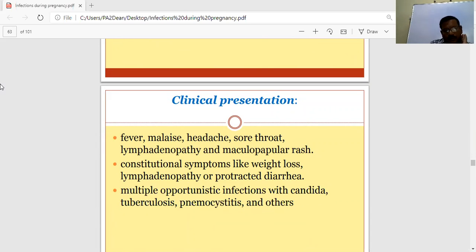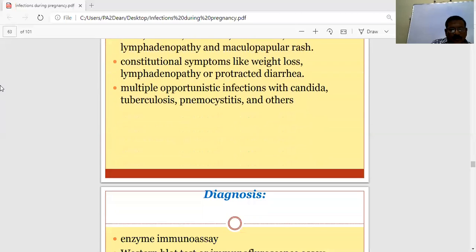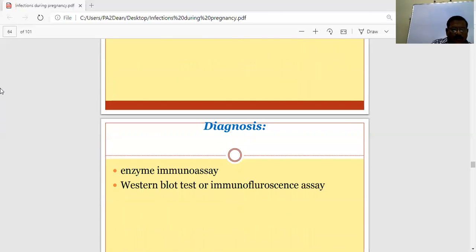And multiple opportunistic infections with candida, tuberculosis, pneumocystis, and others. With these, the patient may present to us. The diagnosis is by enzyme immunoassay and Western blot test or immunofluorescence assay to diagnose HIV.